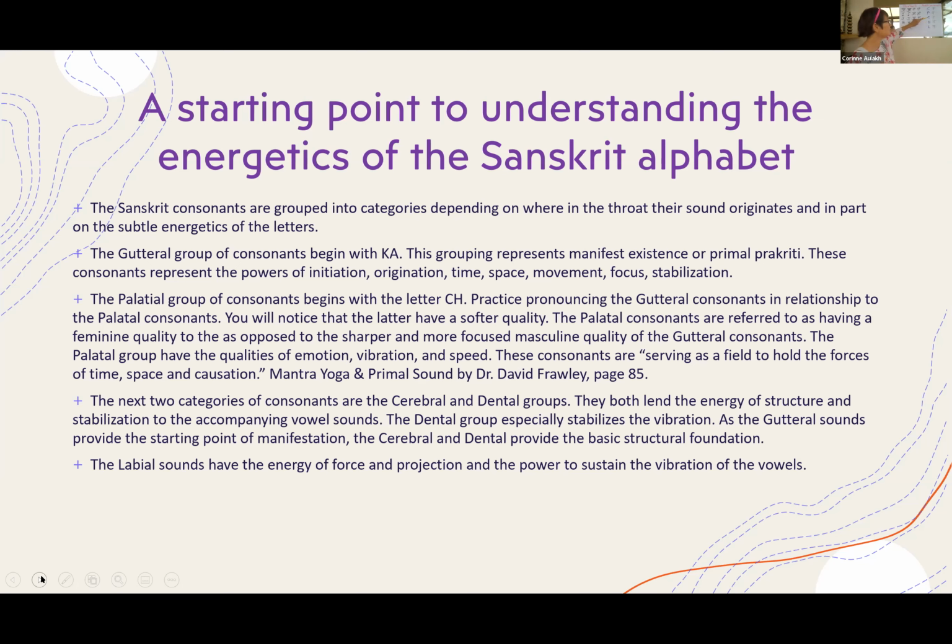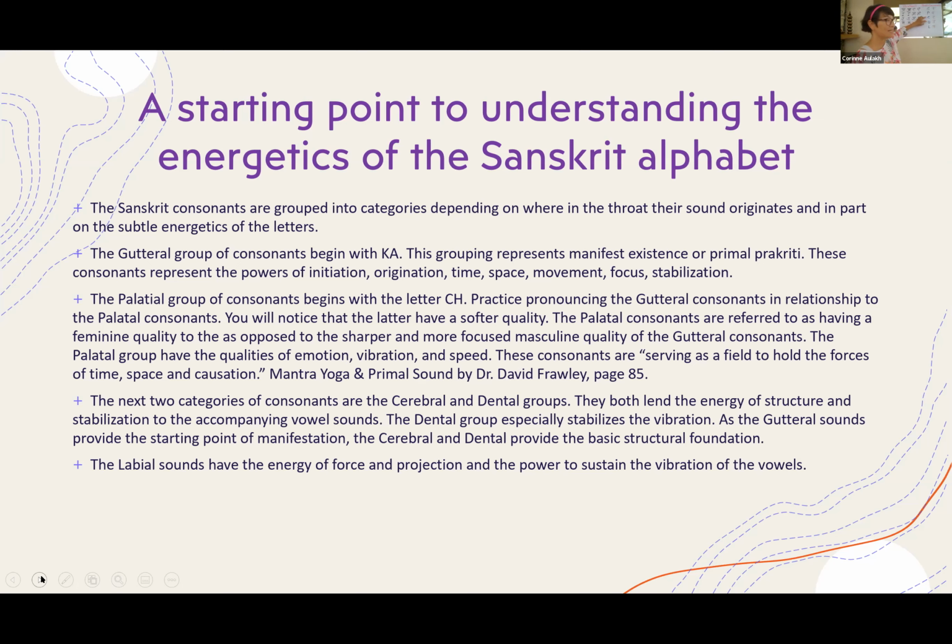Now, let's look at the cerebral and dental. The cerebral and dental in English start with the same sound, ta, but it's pronounced differently. I don't know if you can hear the difference, but this is ta, and this is ta, ta, ta, just depending on where you're pronouncing it and where you're holding your tongue.